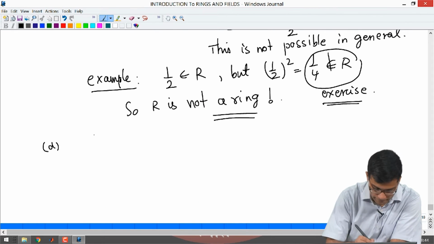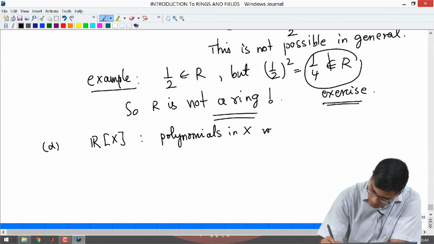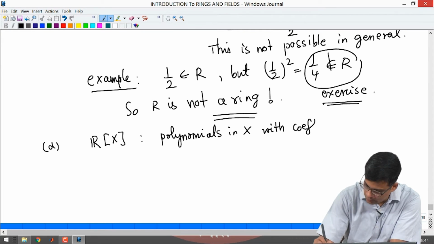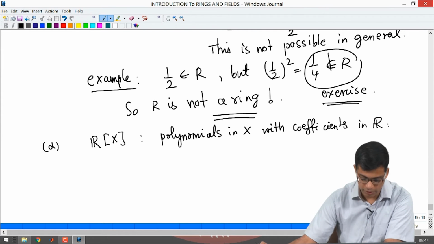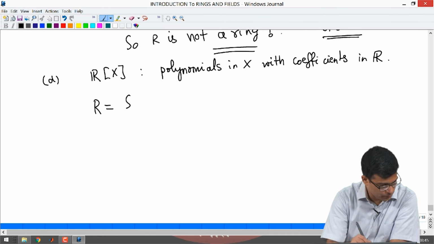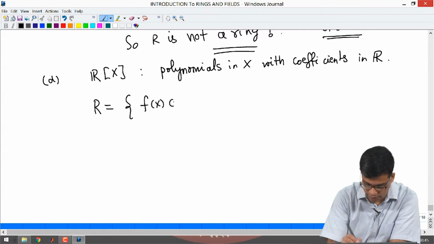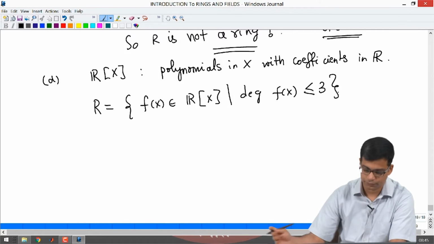Now, let us look at, let us say, the polynomial ring, right. So, this is polynomials in X with coefficients in R, right. So, these are real polynomials in one variable called X. So, in this let us look at the subset of f of x in R[x], degree of f of x less than or equal to 3.